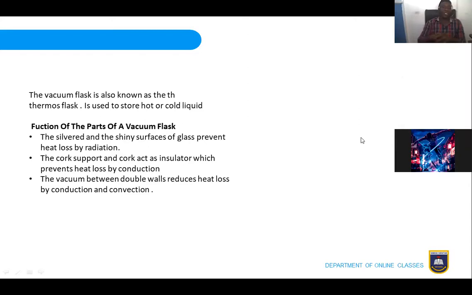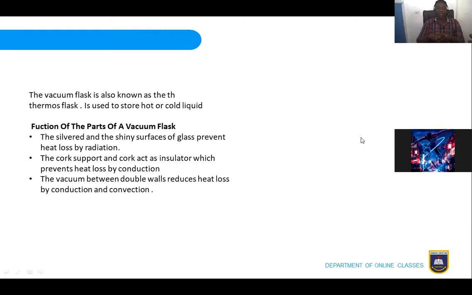So let's look at the functions of the various parts of the vacuum flask, one by one. The silvered and shiny surface of the glass prevents heat loss by radiation. There is an experiment to demonstrate this.